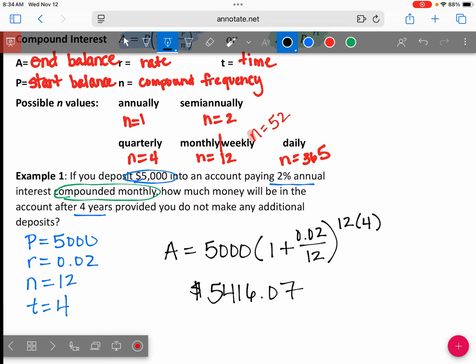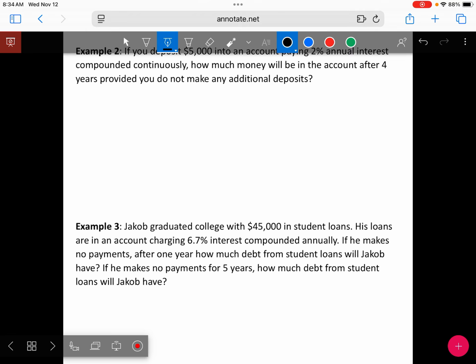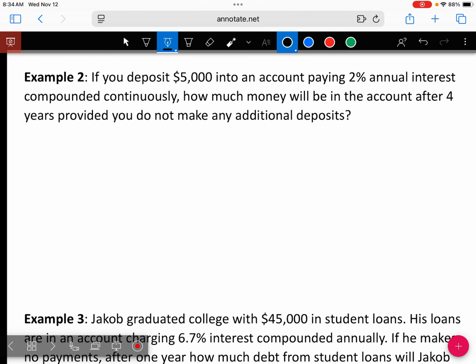All right, let's look at example 2. We're doing these together because I don't really know the answers to these, so we're going to kind of just see what we get. So example 2, now we have $5,000, 2% annual interest, but we got that keyword continuously. How much money after 4 years? So because of that word continuously, now I'm using this formula.